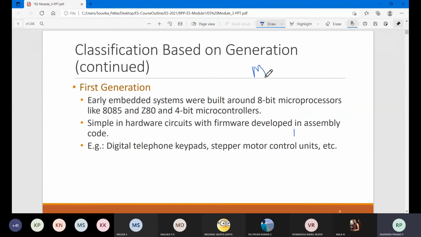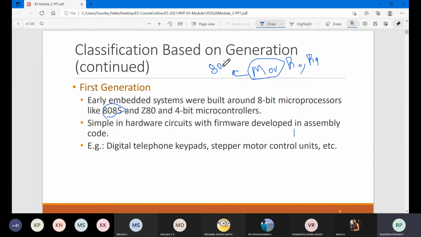You are writing MOV R0, R1. So like this you are giving a command. Now in this 8085, the MOV would have an opcode, like say the MOV value will be 80, like ASCII values.